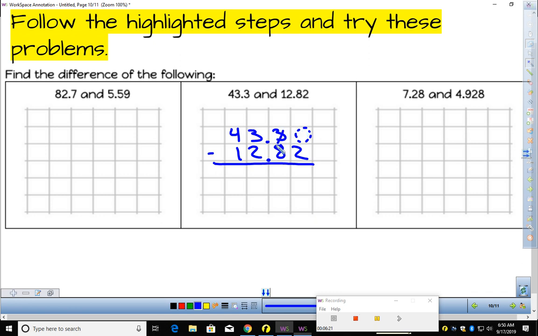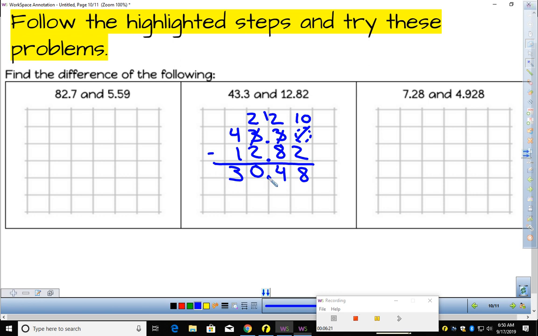No, I cannot. Borrow from the 3, 0 becomes a 10. 10 minus 2 is 8. Can I take 8 from 2? No, I cannot. Borrow from 3, 2 becomes a 12. 8 from 12 is 4. 2 from 2 is 0. 1 from 4 is 3. Decimal point falls straight down.